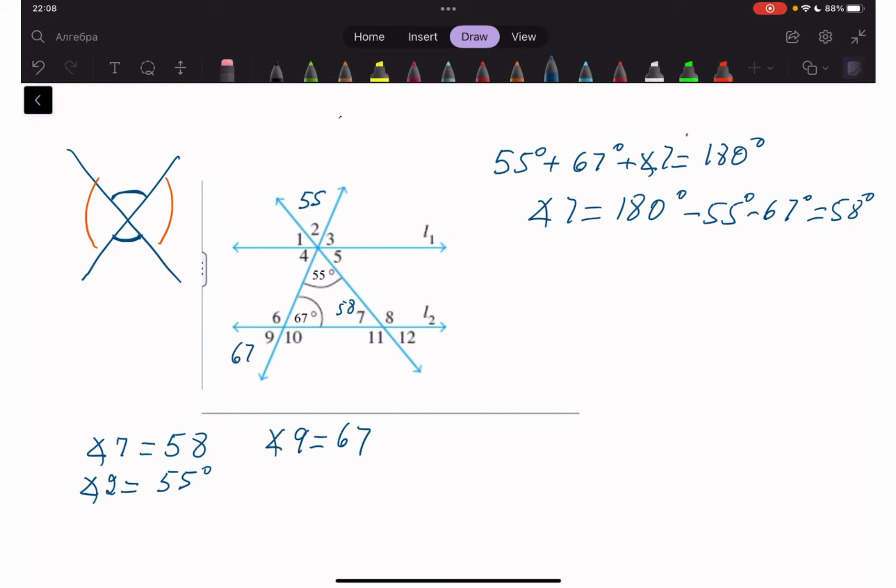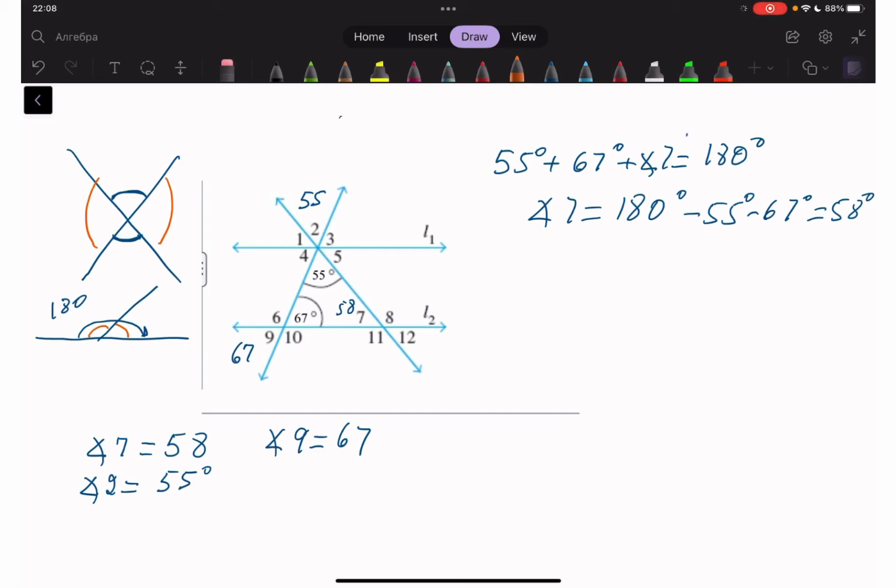Okay, so what else we can say now? Well, let's go this way. Let me think which one we want to go. Okay, we go this way. So when we have a straight line, this straight line equals 180 degrees. So if we have this angle here, that means this angle plus this angle makes together 180 degrees, right?